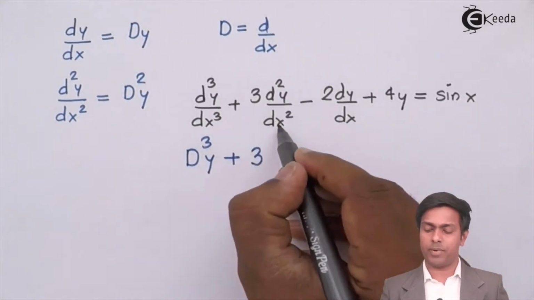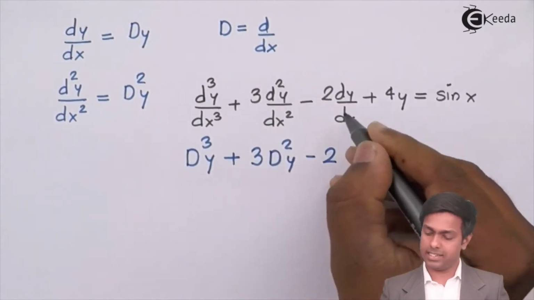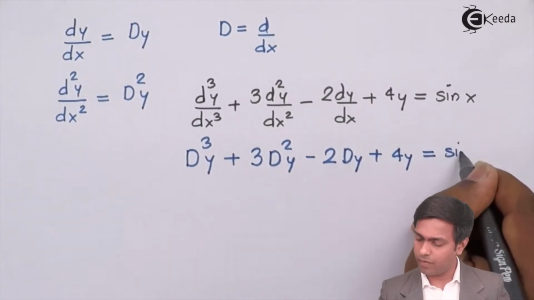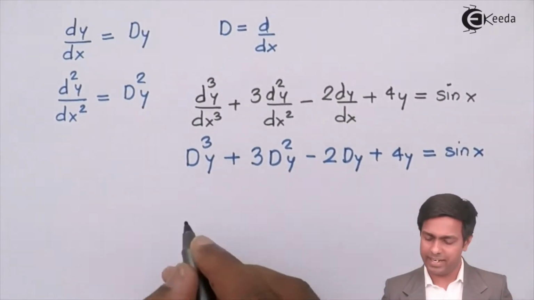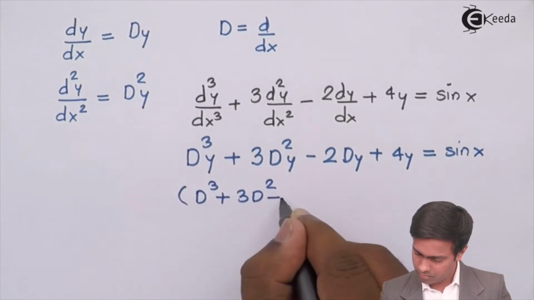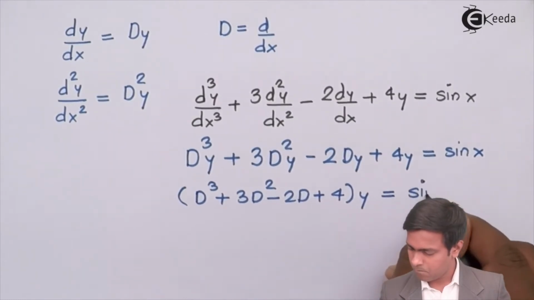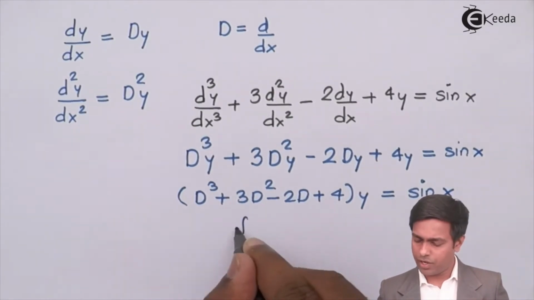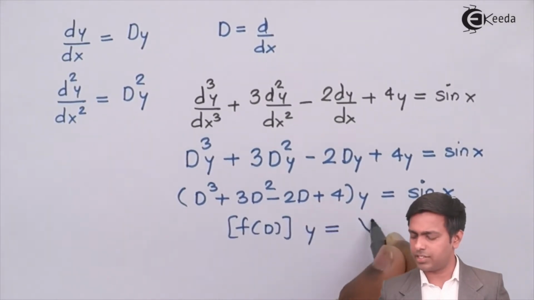We'll replace the d square y by dx square by D square y. So it's D square y minus 2 as it is. This will become Dy plus 4y equal to sine of x. Now guys, from left hand side we can take y common, and in the bracket we'll get, so it means this equation has got converted in the form of function of D into y equal to sine x, which is our capital X.